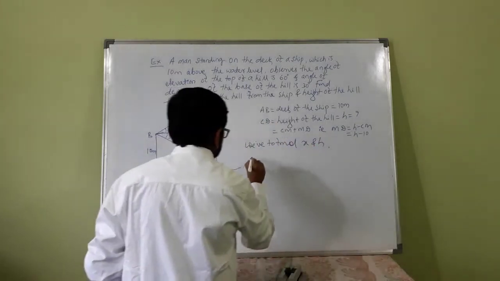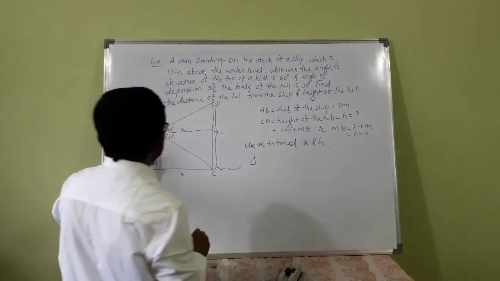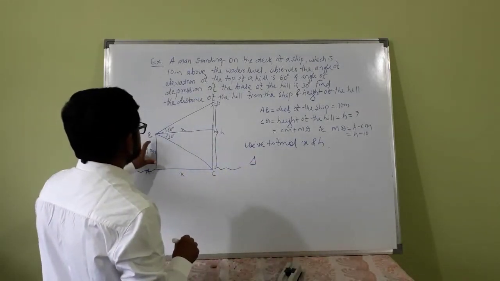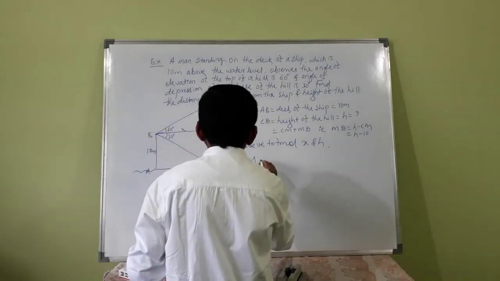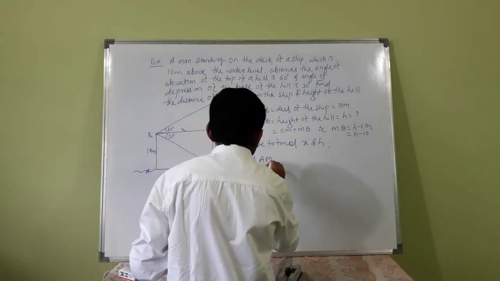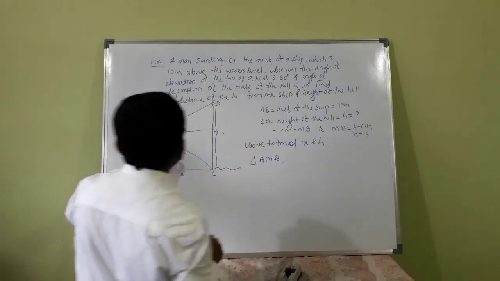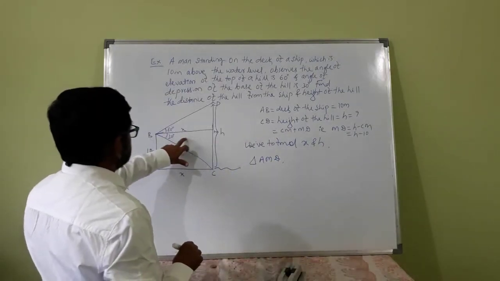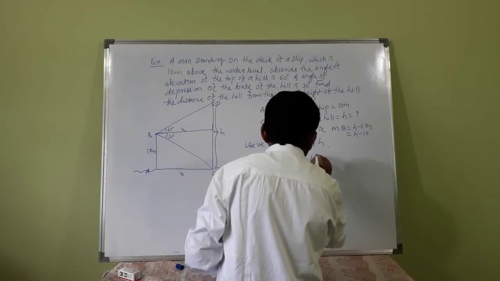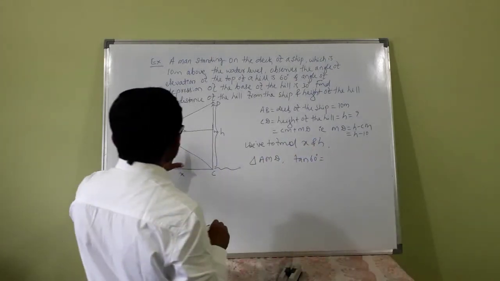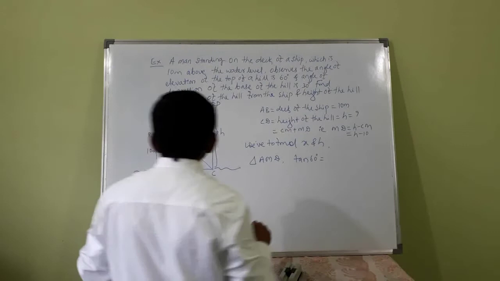Triangle AMD, what is this? Tan 60 degree is equal to DM by BM.